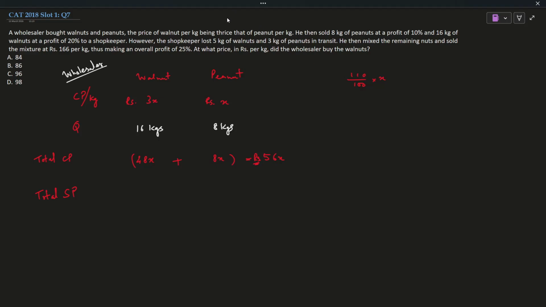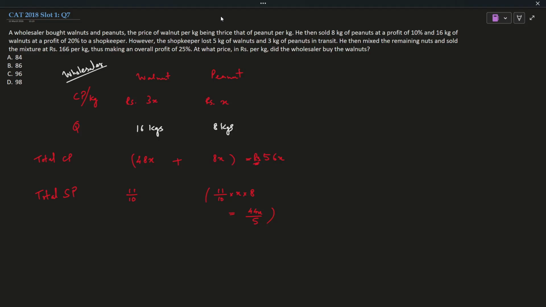So I will say 11 by 10 into the cost price. Peanuts is 11 by 10 into x into 8 kgs. So this will give me 2 into 4, so 44x by 5 is the total selling price for peanuts.